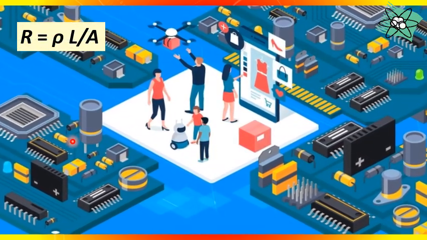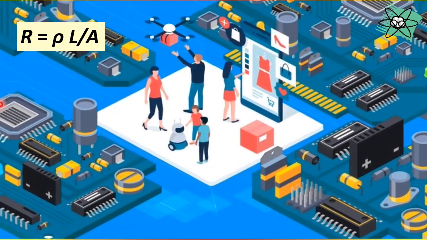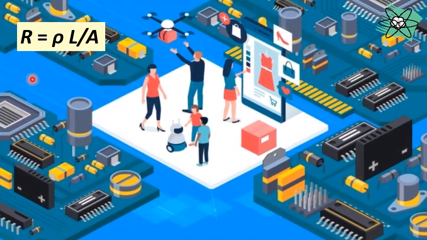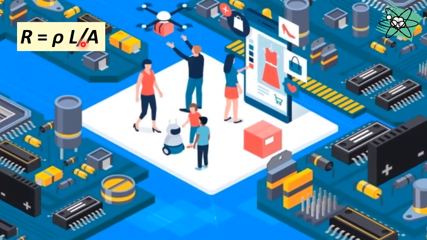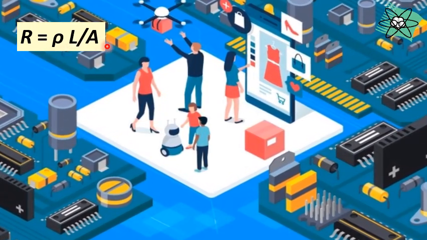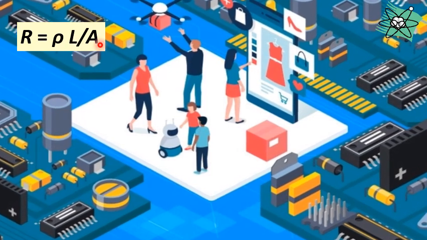Our explanation is still based on this equation. Resistance big R equals rho times the length divided by the cross-sectional area of the wire.